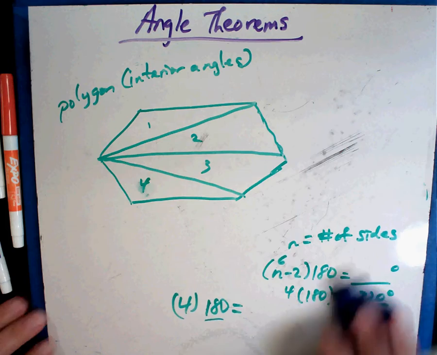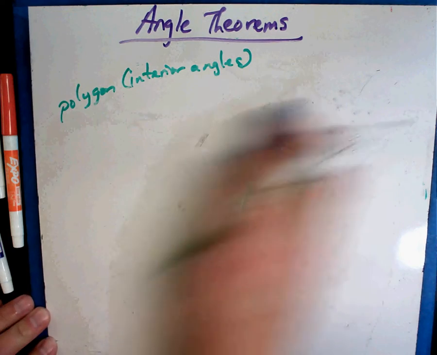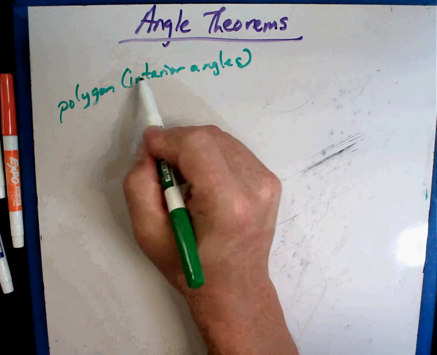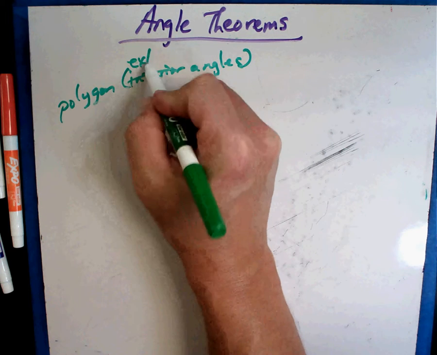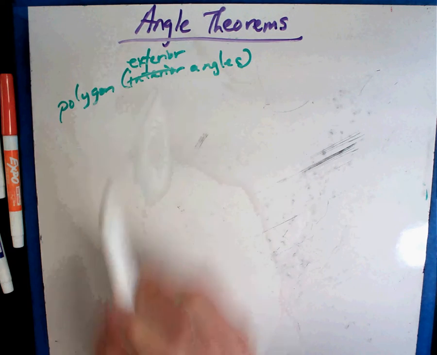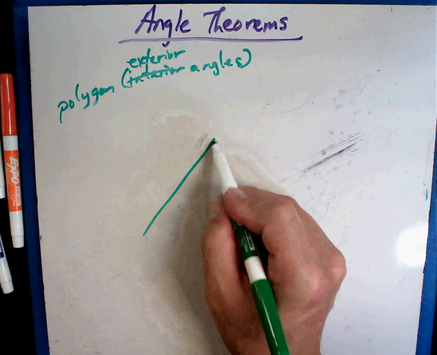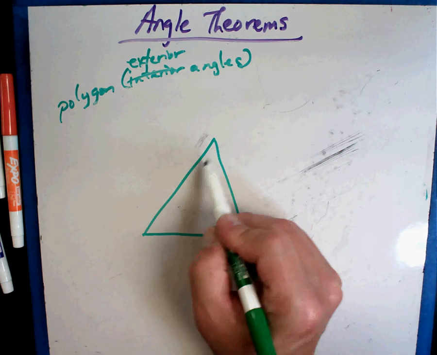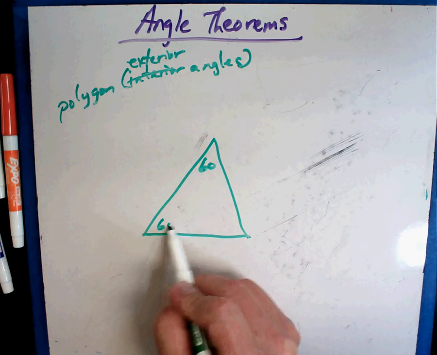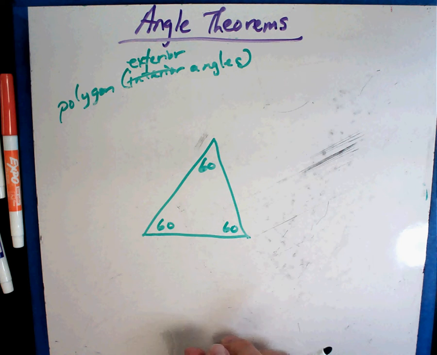All right, here's another one. Let's say this time we want to know a polygon, but we want to know its exterior angles outside. So let's say we took a triangle, and let's say this was 60 degrees, 60 degrees, and 60. There's your 180.